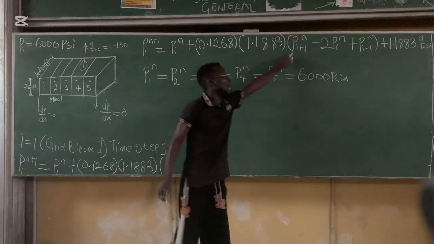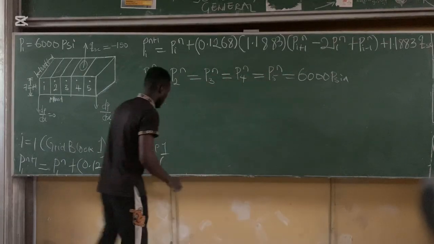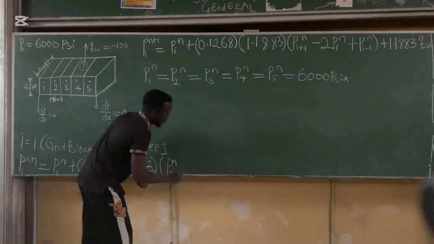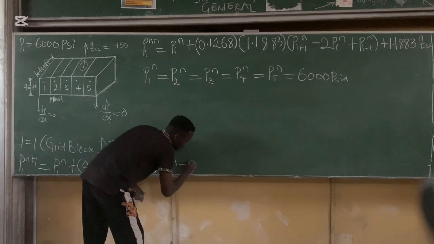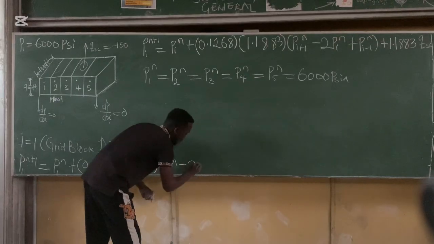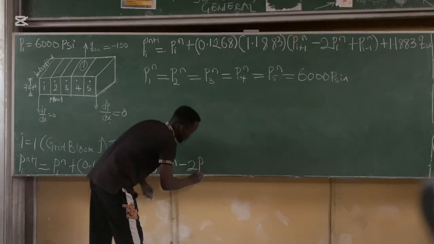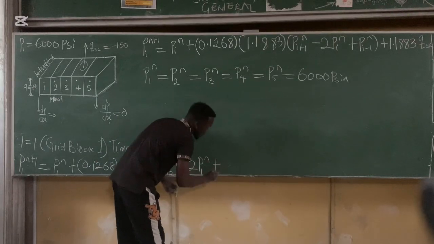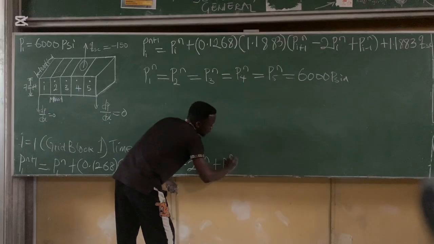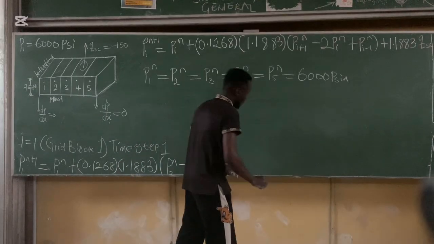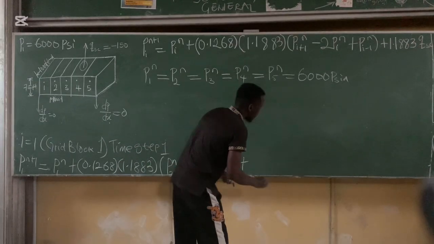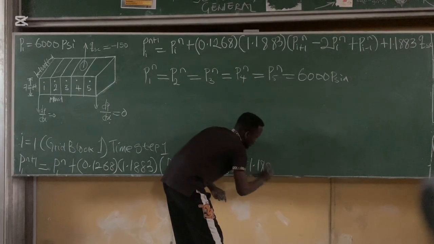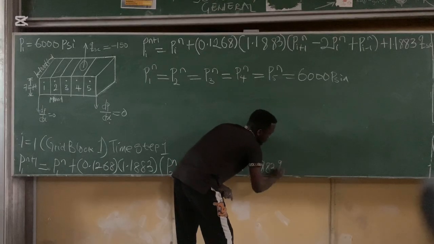Now here is Pi plus 1. 1 plus 1 will give us 2. So this becomes P2n minus 2P1 raised to the power of n plus 1 minus P0n. Now, then plus 1.1883 QSC.